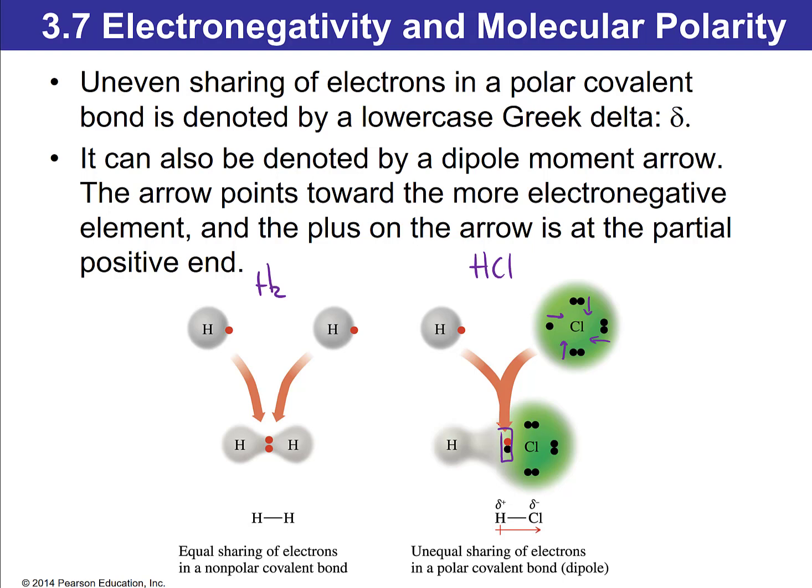So that means that the electron is going to be over or around the chlorine more than it is going to be around the hydrogen. And so this side becomes slightly negative. It doesn't make an ion, but it does make a slight difference in the electron density around the chlorine. That means that this hydrogen becomes slightly positive.